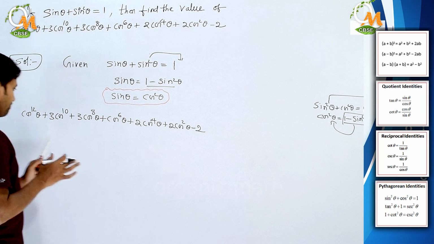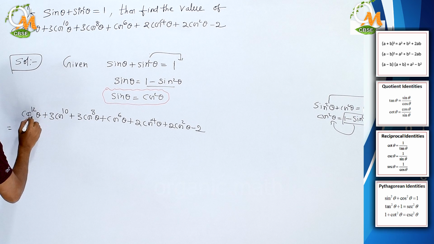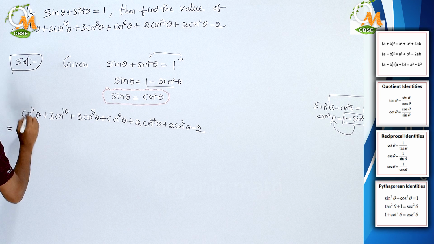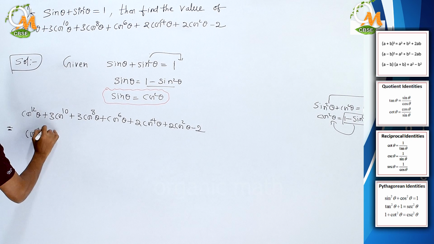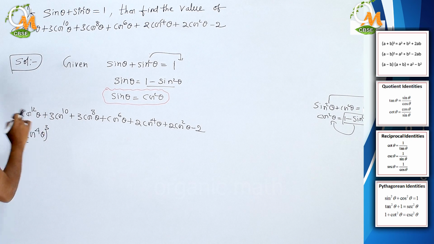For my convenience, I want to rewrite cos^12 θ as (cos^4 θ) whole cube. Can we write it like this or not? (a^m)^n: if you multiply 4 into 3, you get 12.